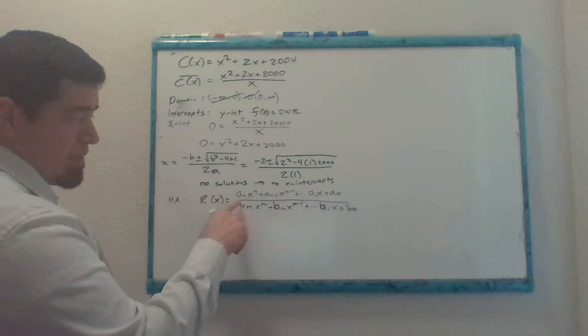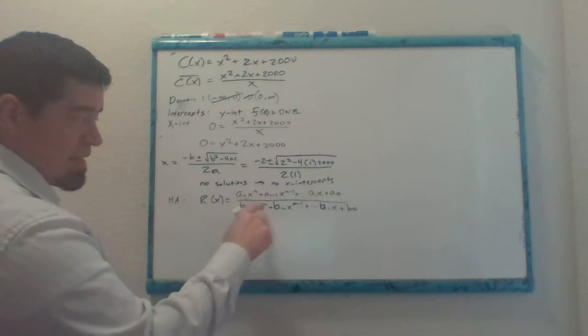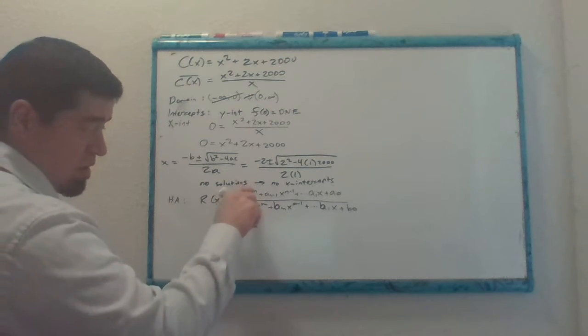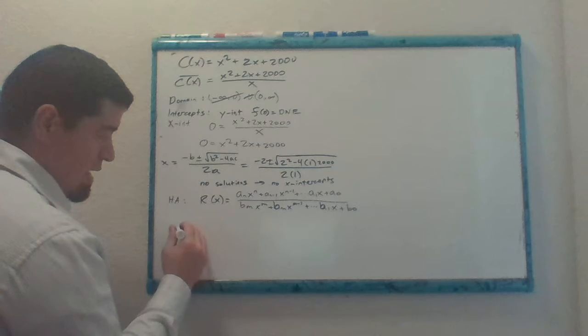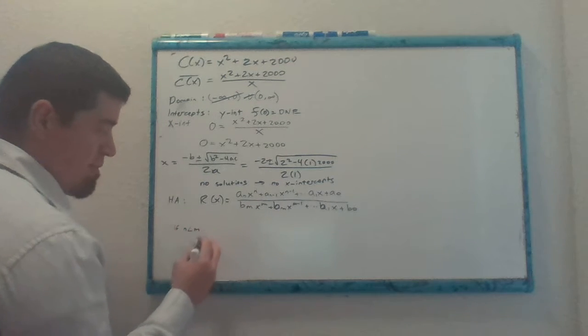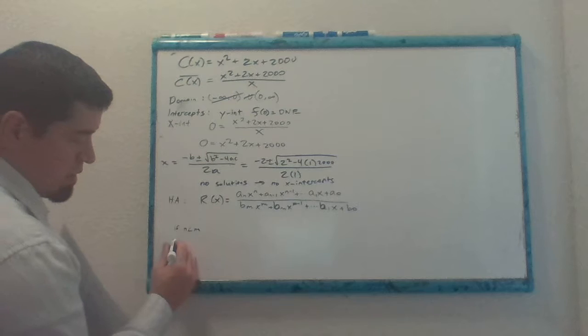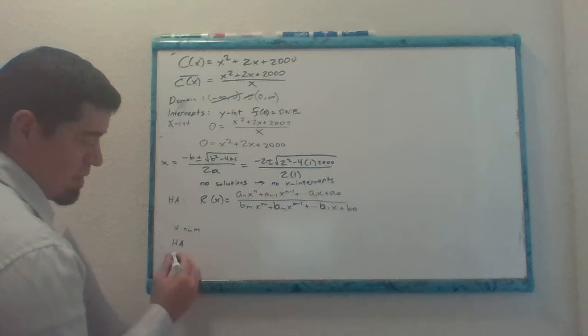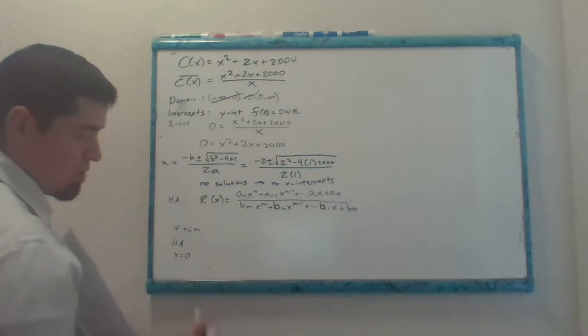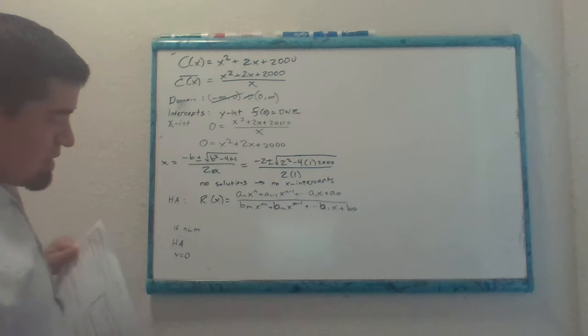One, if the power on the top matches the power on the bottom, or here we'll start with if n is less than m, the horizontal asymptote is y equals 0. So that's nice and easy.